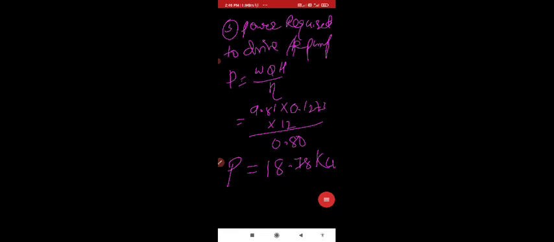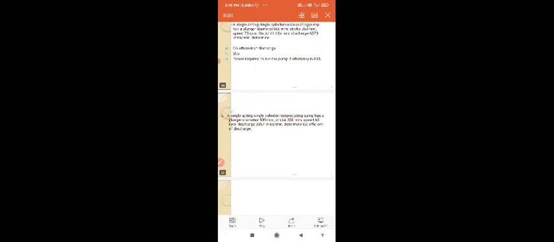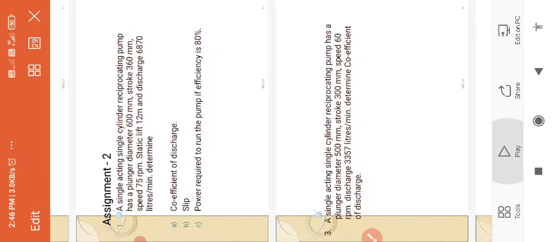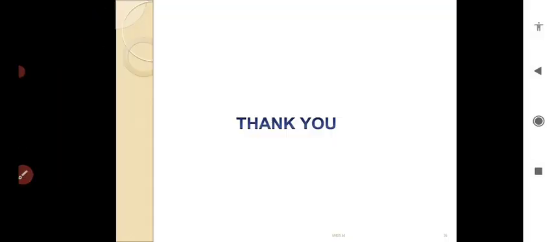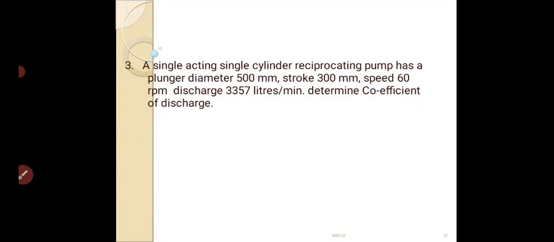I hope all of you understand this problem. Here is one more assignment problem, a third assignment is also there.